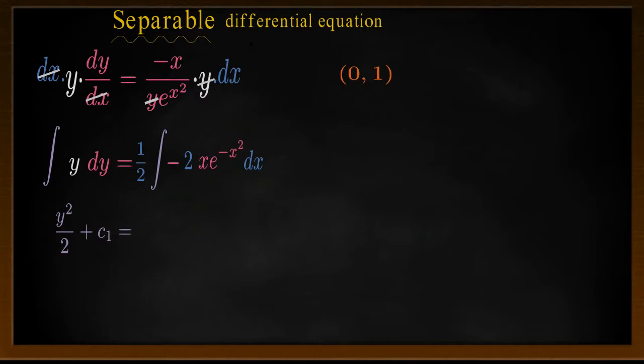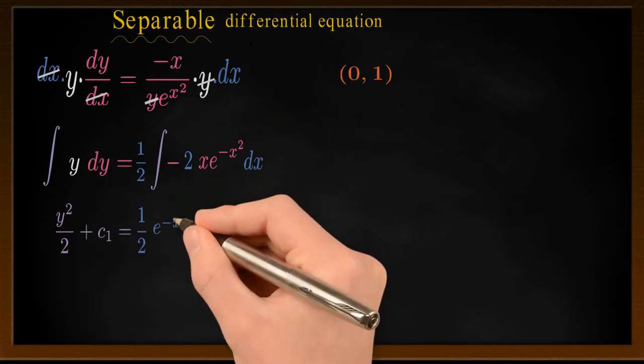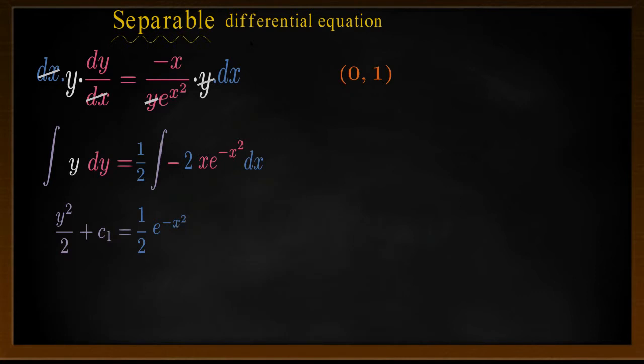You could either do u substitution explicitly, or you could do it in your head, where you said u is equal to negative x squared, and then du will be negative 2x dx. So I have something and its derivative, so I really could just integrate with respect to that u. So this is going to be 1/2, the antiderivative of this is e to the negative x squared, and then of course I might have some other constant. I'll just call that c2.